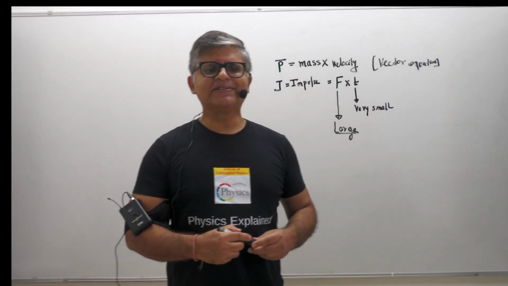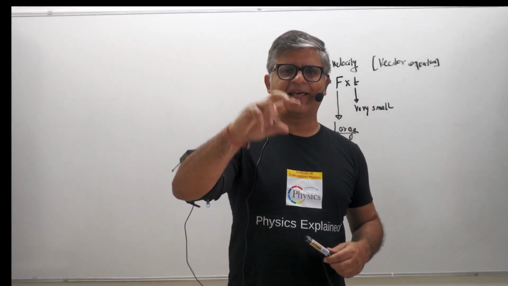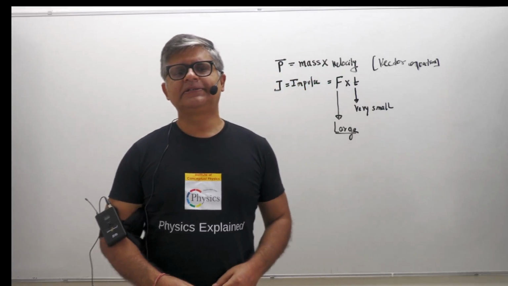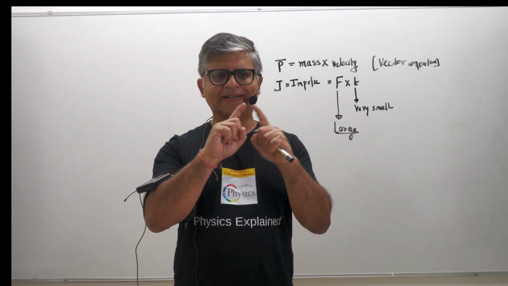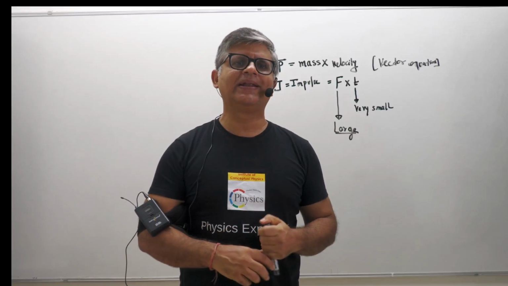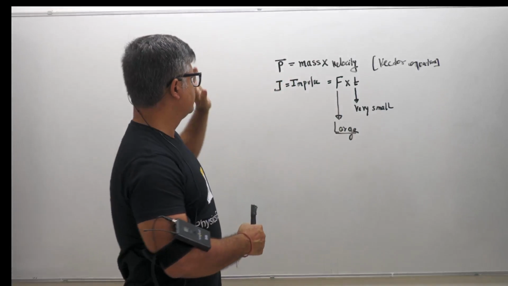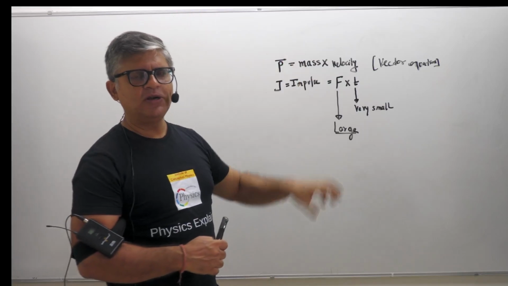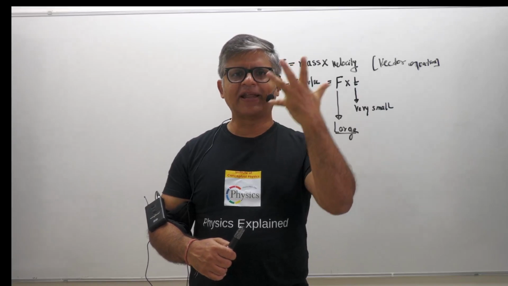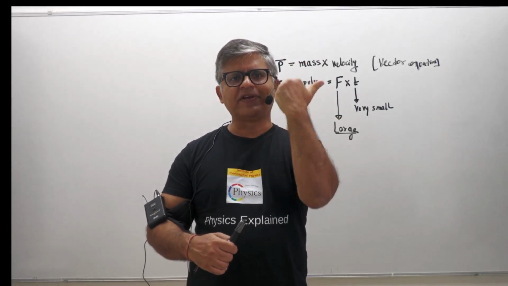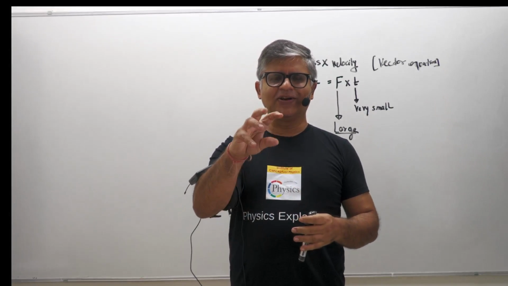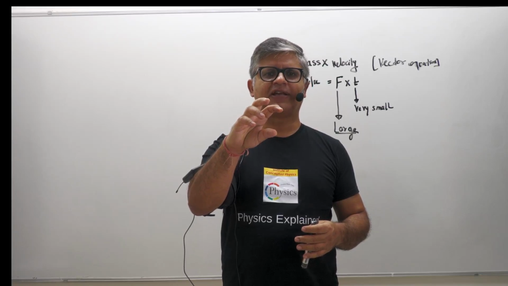So in the impulse equation, the force is very large, and the time of contact between the two surfaces is very less. For example, if I hit this board, I touch the board for microseconds, and I receive a very strong reaction force from the board. So the force is acting on the body for a very short amount of time.